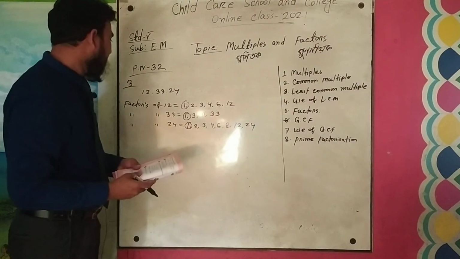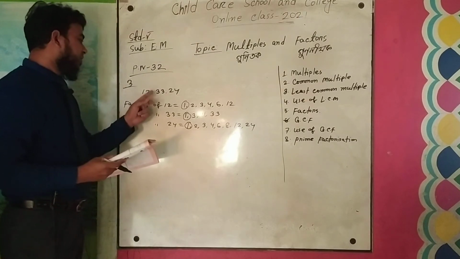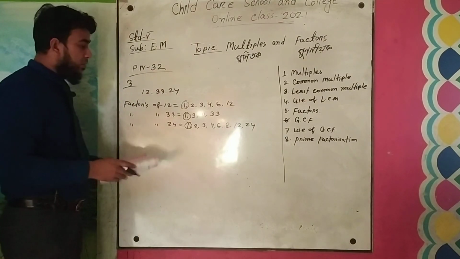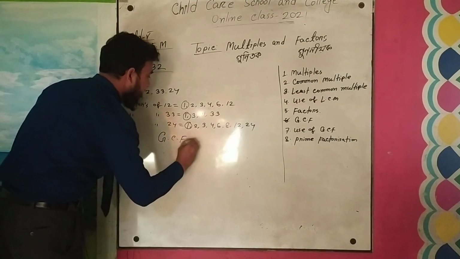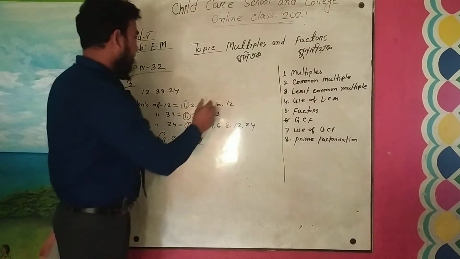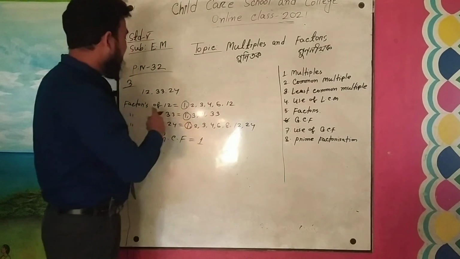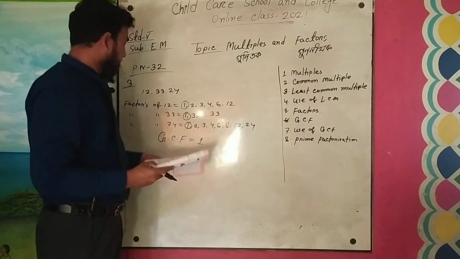So what is the GCF of 12, 33 and 24? It will be 1. GCF equal to 1. There is no common factor here except 1.